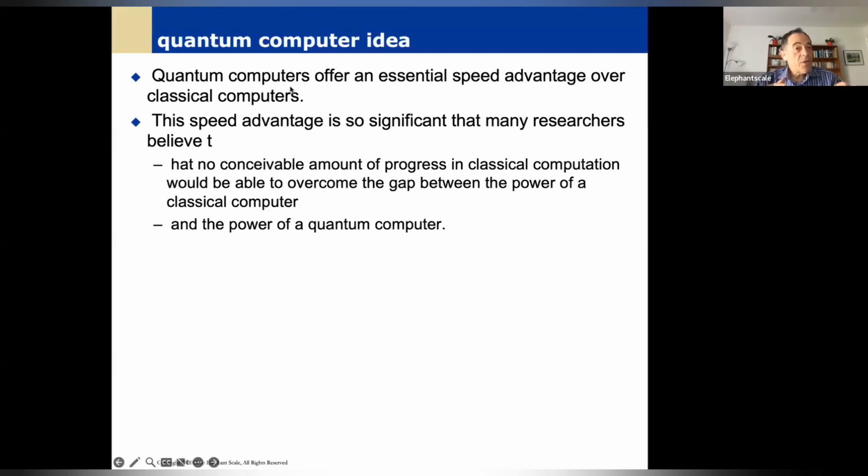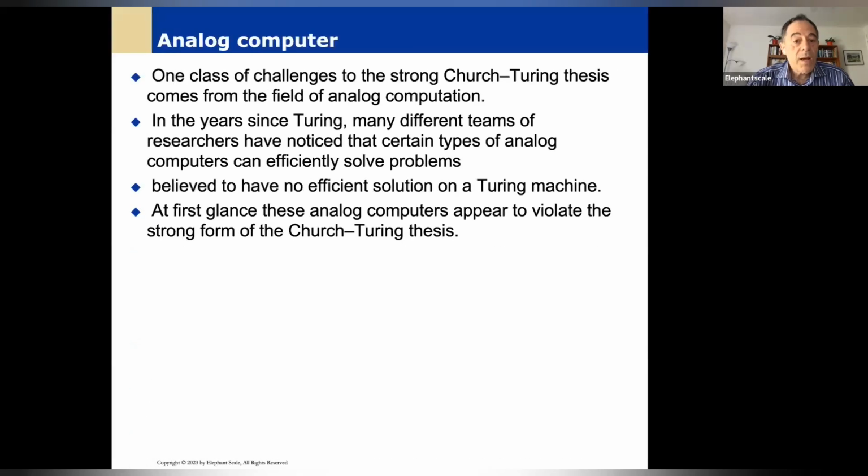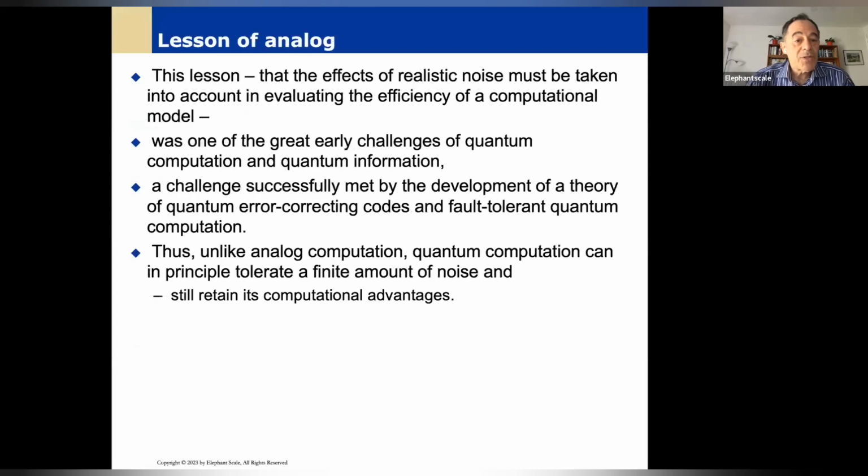Now that you can control individual atoms, individual photons, individual electrons, then how about building it into a cohesive computer system? Is that possible? So let's see who suggested that. We'll come to that a little bit later.